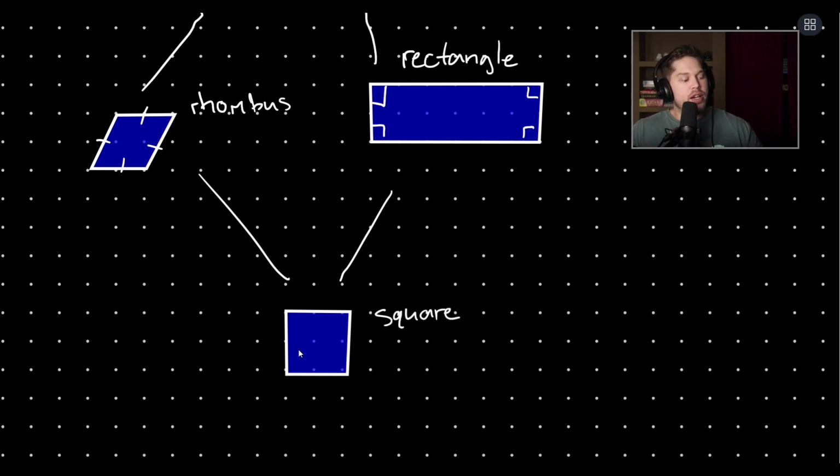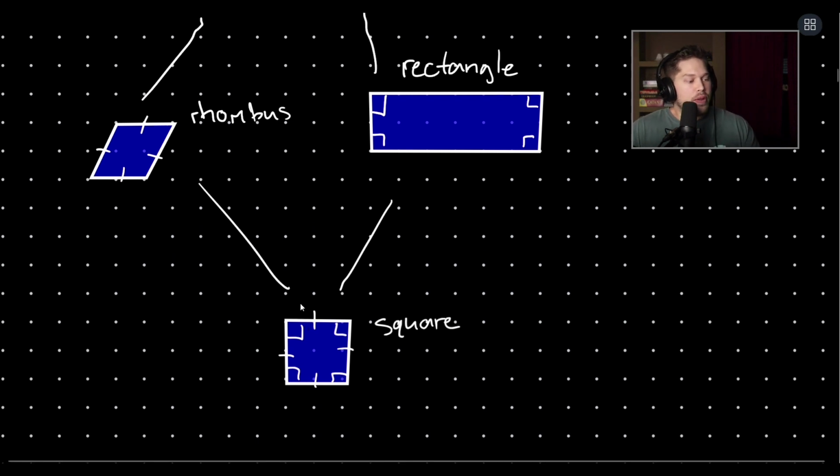That's because a square is a special type of rectangle. It's the type of rectangle that has all same side lengths. You could also say the same thing for a square and a rhombus, where all squares are rhombuses. However, not all rhombi are squares, because a square is a rhombus with 90-degree angle measures for each of their angles.